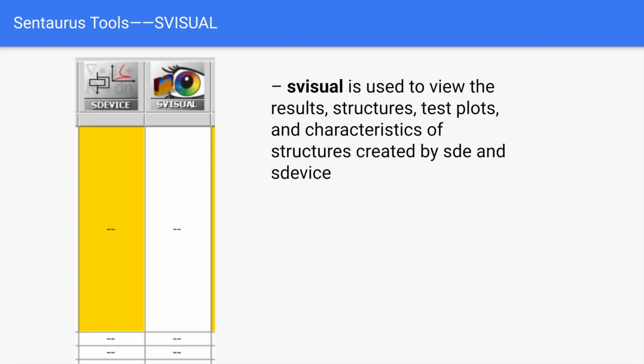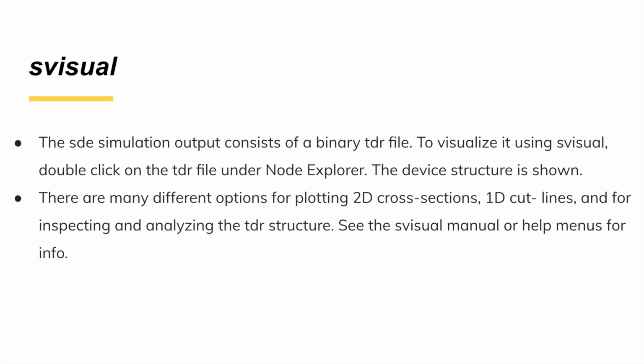The next Sentaurus tool is SVisual. SVisual is used to view the results, structures, test plots, and characteristics of the structures created by SDE and SDevice. The SDE simulation output consists of a binary TDR file, and to visualize it using SVisual, double-click on the TDR file under the Node Explorer.